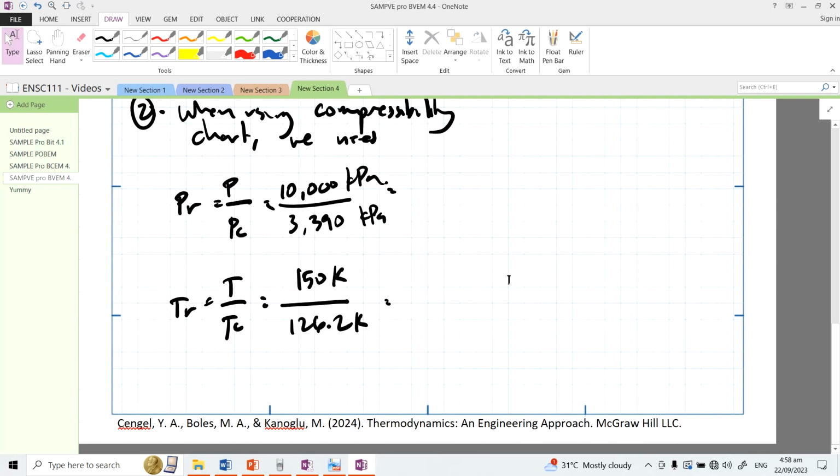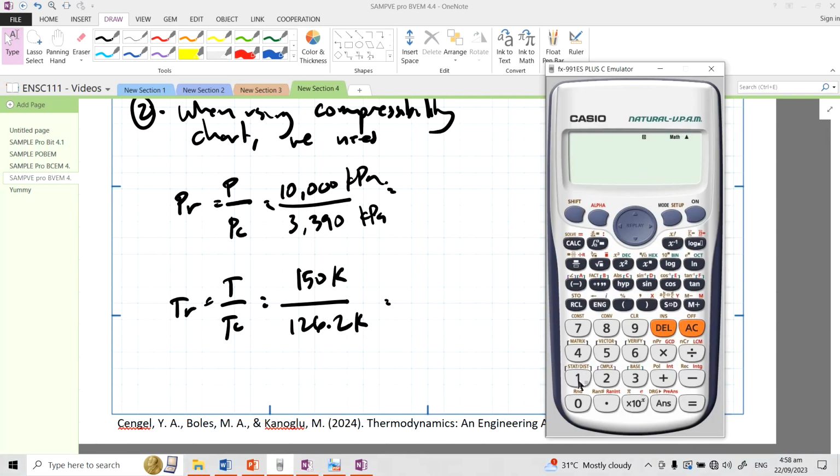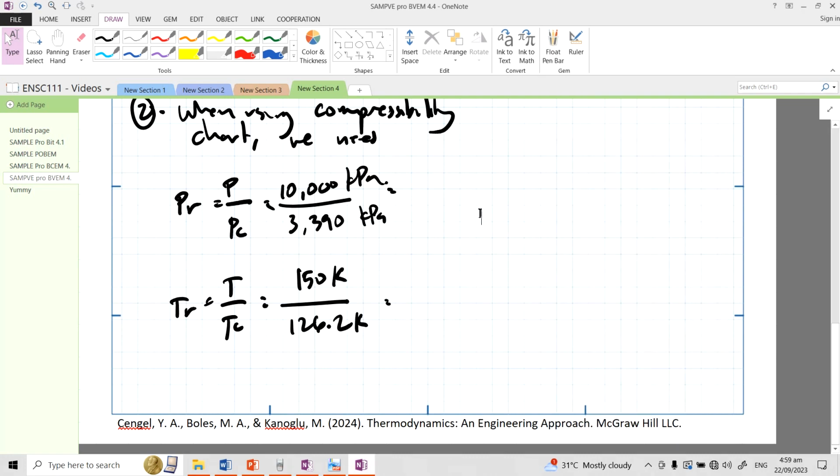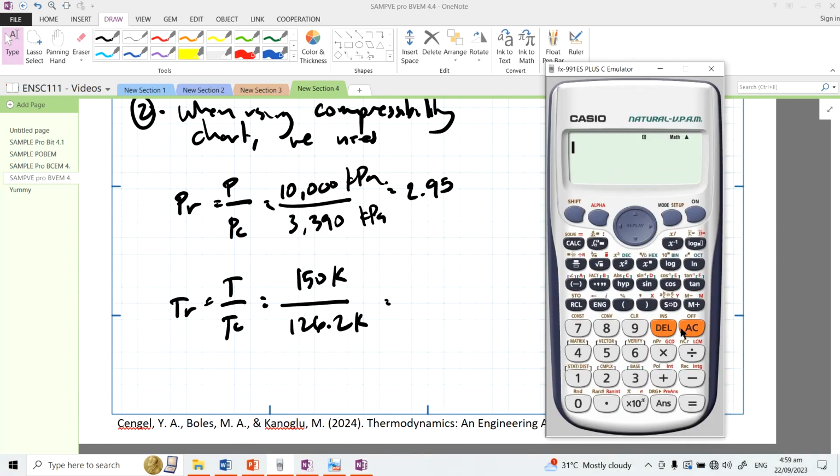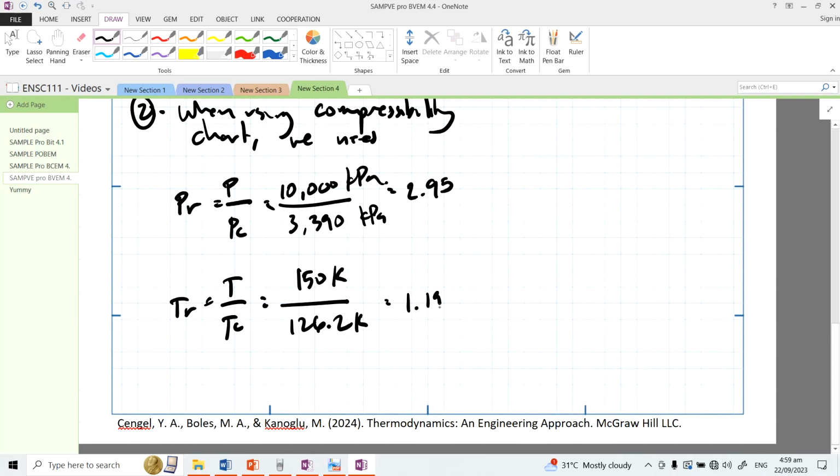Now let's compute. PR is 10 divided by 3.39, which is 2.95. Next, TR is 150 divided by 126.2, which is 1.19, or maybe you can say 1.2.